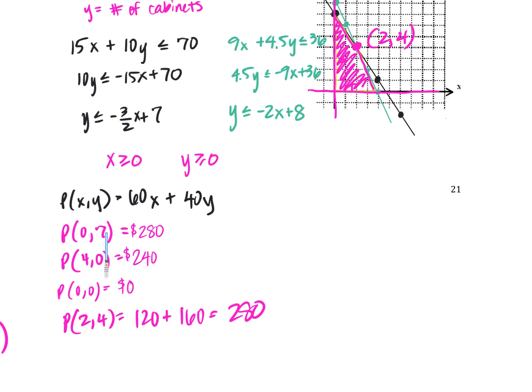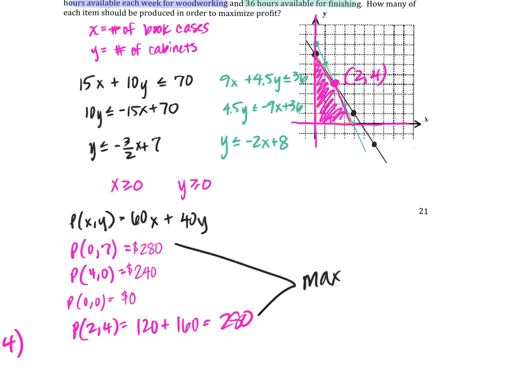Do you think this is a pretty good business model, that I could make 0 bookcases and 7 cabinets to maximize, or I could make 2 bookcases and 4 cabinets to maximize my profit? Do we think it is good that your company has some options that maximize? So I'd say these are both our max, and that's fine. For example, if one price decreases, you can switch to a different one. I hear you.